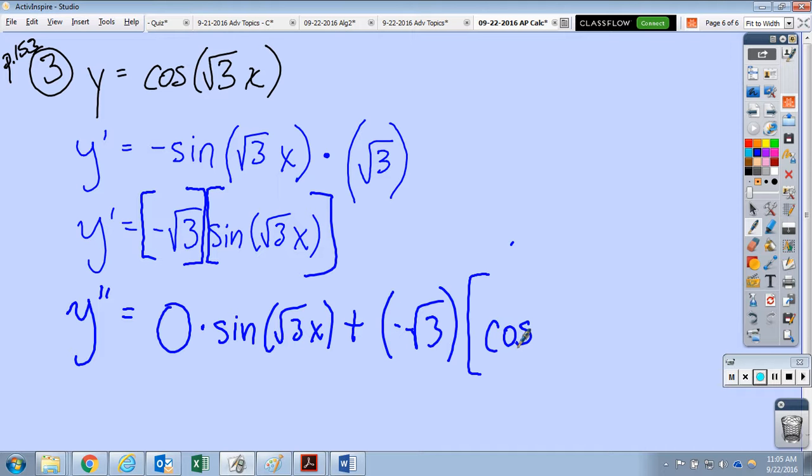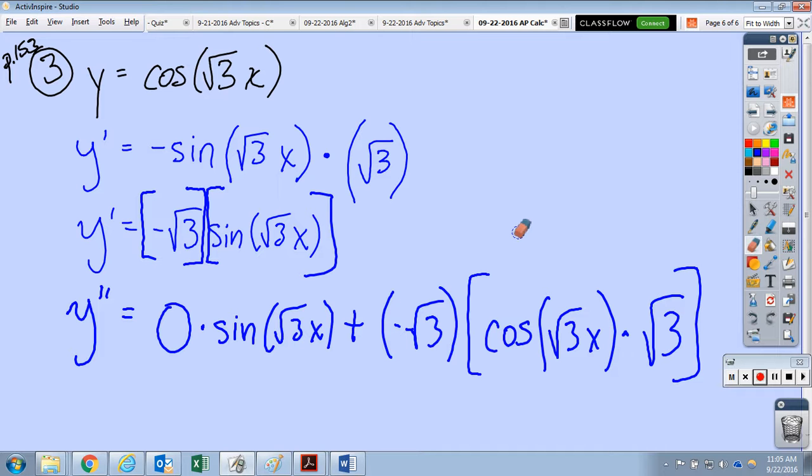Times the cosine of square root 3x times the derivative of the inside, which is square root 3. Let's make sure we understand this before we move on. I'll just repeat: derivative of this guy was 0 times leave this guy alone, plus leave this guy alone, times the derivative of the second factor, which is this.